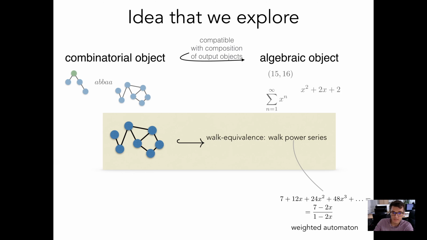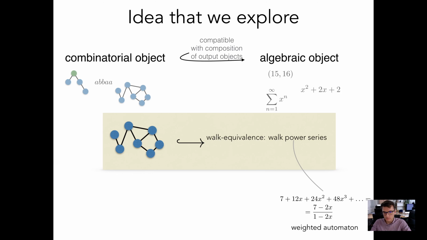That's why 7 times x to the 0th power. 12x stands for 12 walks of length 1. 24 times x to the power 2 stands for 24 walks of length 2, and so on. So such power series can encode numbers of walks of each length. And actually this idea is not new. It is very classical in algebraic graph theory to count certain substructures, to count certain patterns using power series.